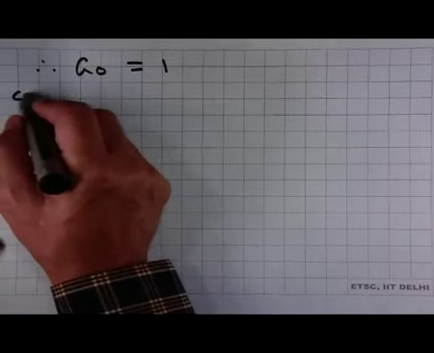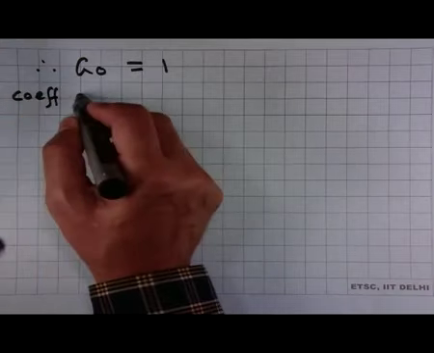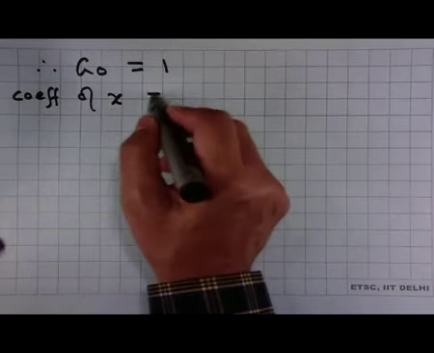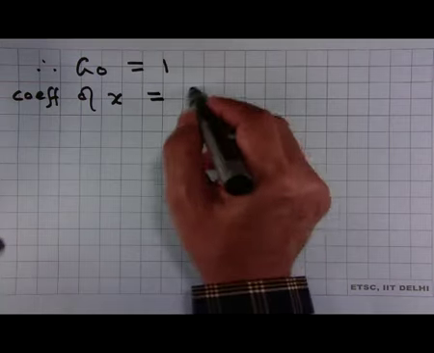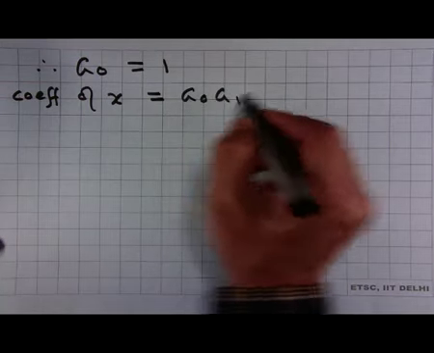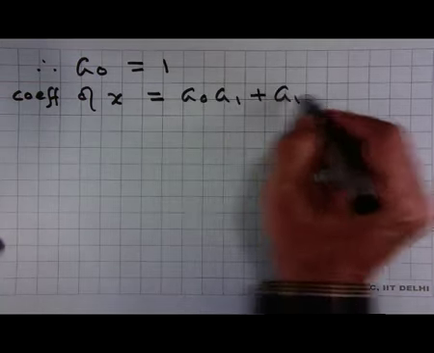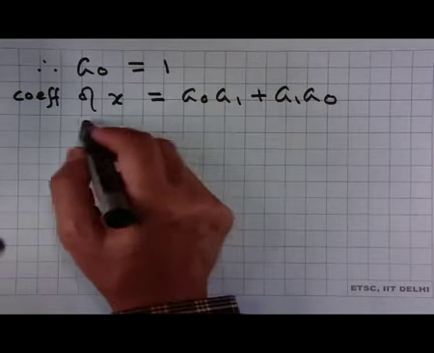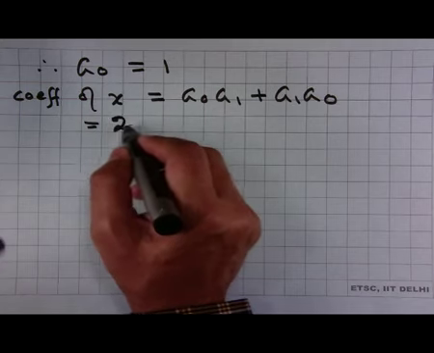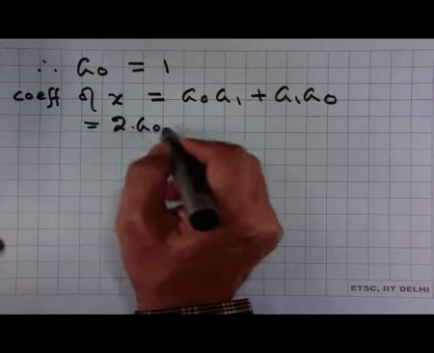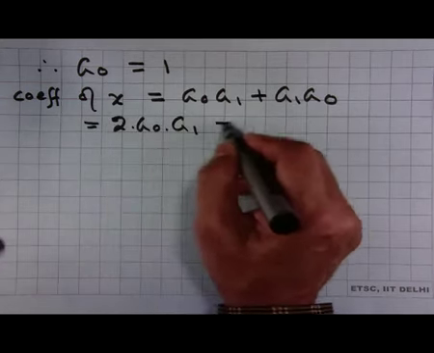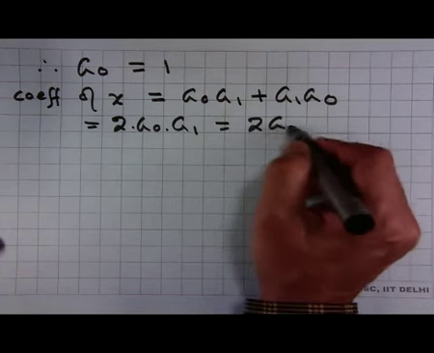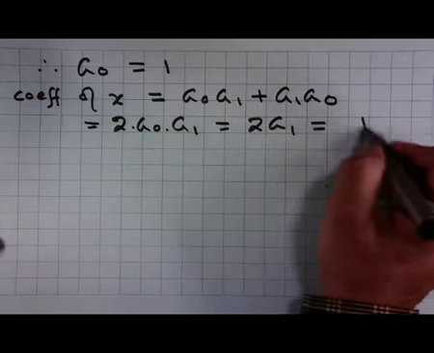What is the coefficient of x? It is a0 a1 plus a1 a0, which is equal to 2 into a0 into a1, which is equal to 2 a1, which is equal to 1.